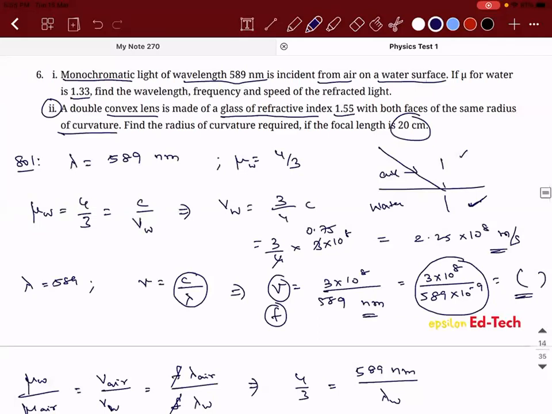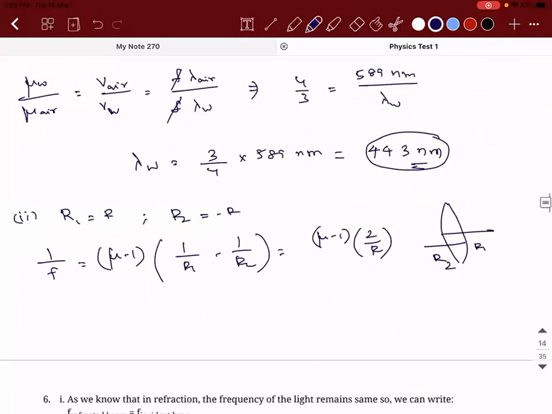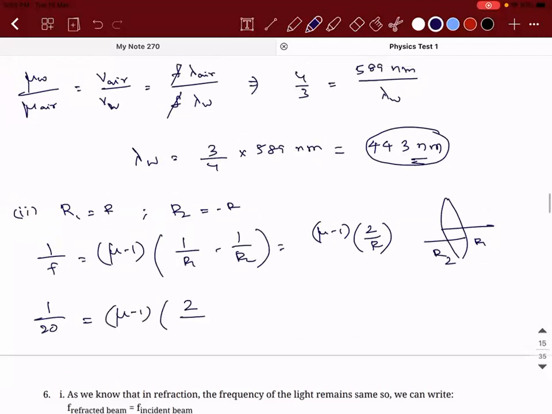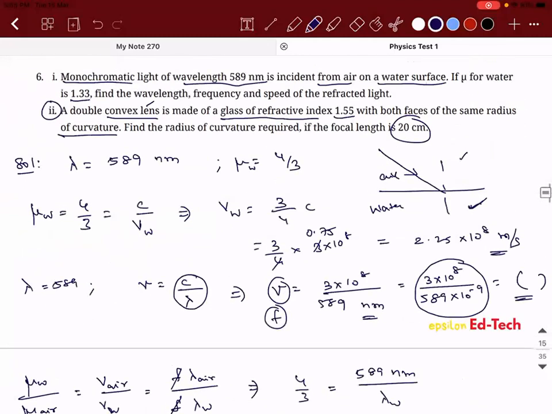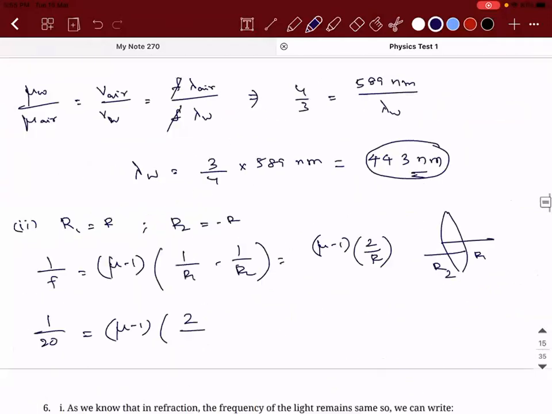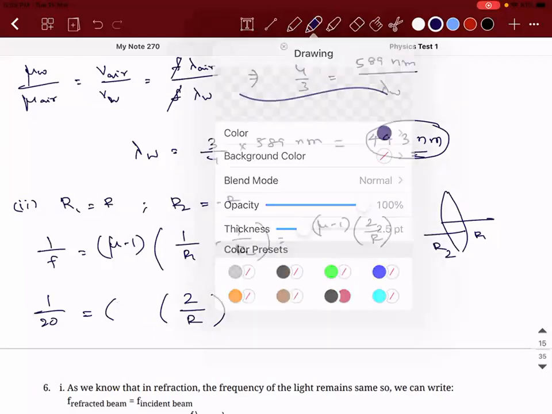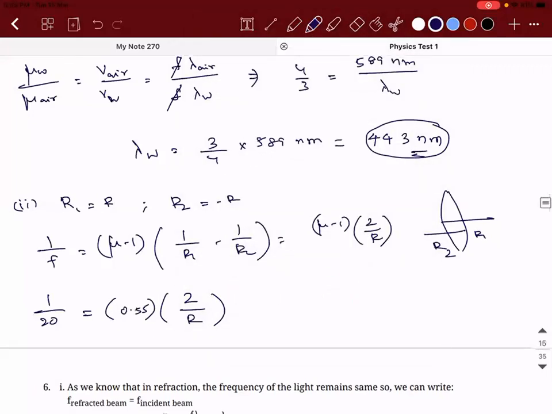So focal length of convex lens is positive. So 1 divided by 20 is equal to mu minus 1 into 2 divided by R. R is what you need to find. And the refractive index is given as 1.55. So 1.55 minus 1 is going to be 0.55, which implies R is equal to 0.55 into 2 into 20.